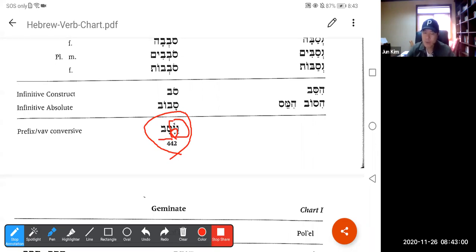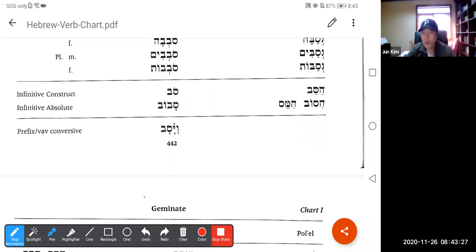If you think, according to your analysis, this must be a hollow verb, and you cannot find this verb in your vocabulary list or lexicon, then try a geminate verb because of the similarity between them. That's one thing that I can highlight.